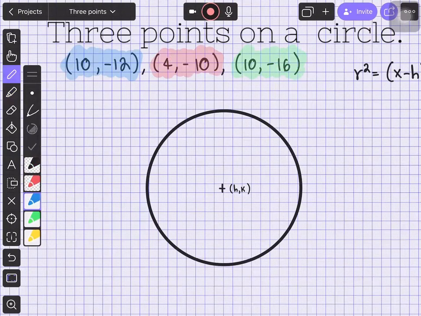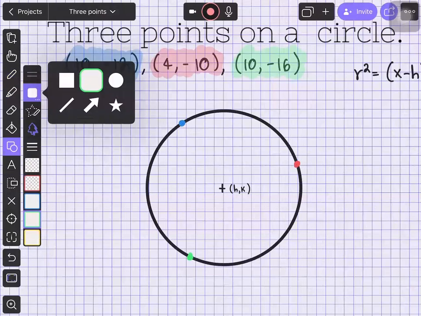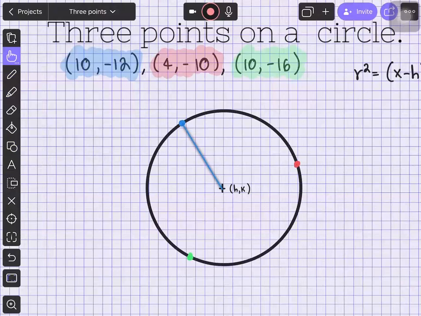Now, the precise location doesn't matter. What matters is that, let's imagine the blue point is in here, the red point is in here, and the green point is in here. What matters is the following. This distance from that point to the center is the radius.